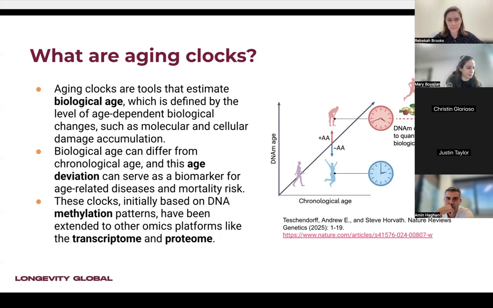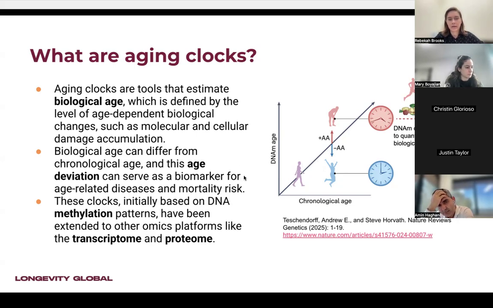Biological age is a level of age-dependent biological changes, like molecular and cellular changes, that might be affected by molecular and cellular damage. But biological age is certainly somewhat different from chronological age, which would be just like, oh, you're 40 years old or whatever. The age deviation is the difference between your biological age and your chronological age.